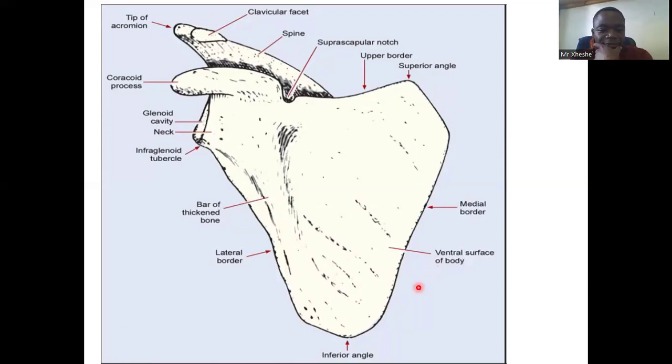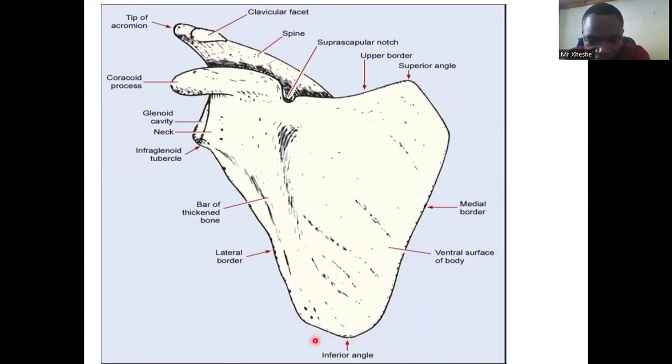The scapula has three angles. Number one is the inferior angle. Now, the inferior angle is important, especially if you are trying to do a lumbar puncture, and so forth. At this level, in a human being, when you're standing, not lifting anything, not lifting your arm, you just put your arm in a natural or neutral position.